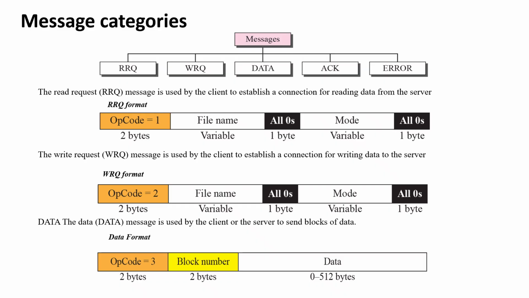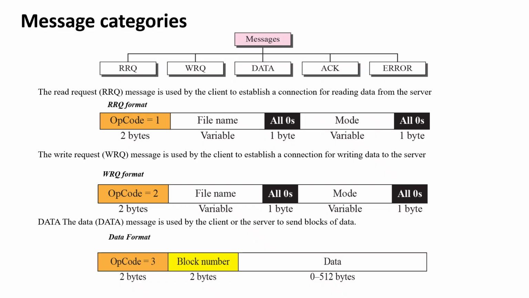In contrast, the write request, or WRQ, is used when a client needs to upload a file to the server. Once the request is accepted, the data message carries the file in small sequential blocks, typically 512 bytes each.